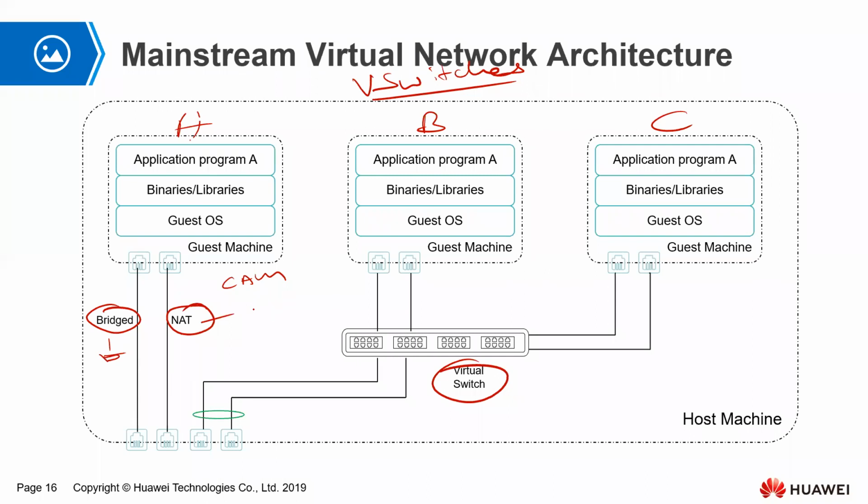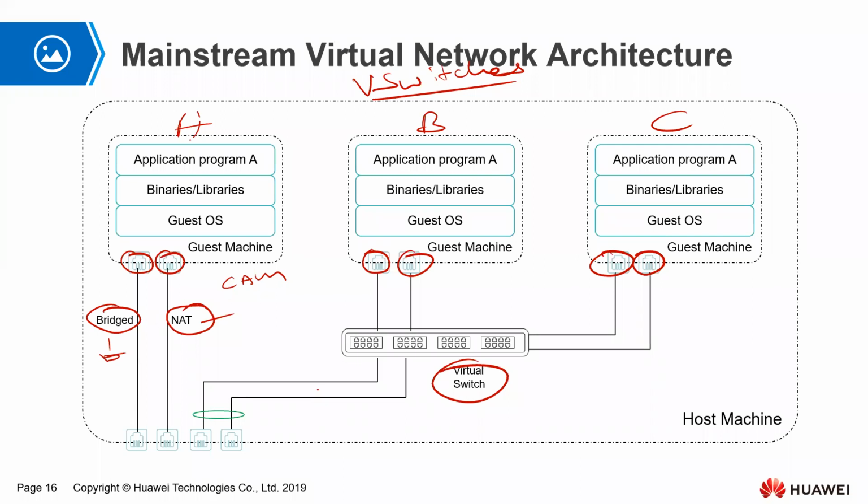In virtualization, each of these virtual machines you are seeing here has virtual network interface cards, like the physical network cards you would have on a physical machine. On a Linux operating system, usually there is a tap device which operates in user mode.